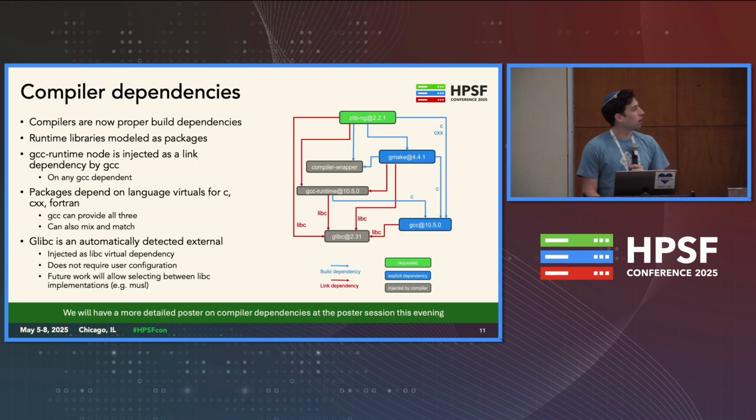So the major piece of work here was modeling compilers as dependencies, which required a lot more things than we initially realized in terms of modeling compiler runtimes and things like that, and we get to make all of these pretty pictures of it. And if you're interested in the technical details of that, come by at the poster reception later, and I have a poster on the technical work of moving to Spack 1.0.